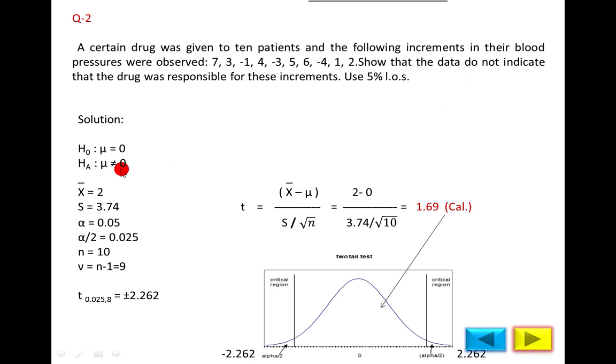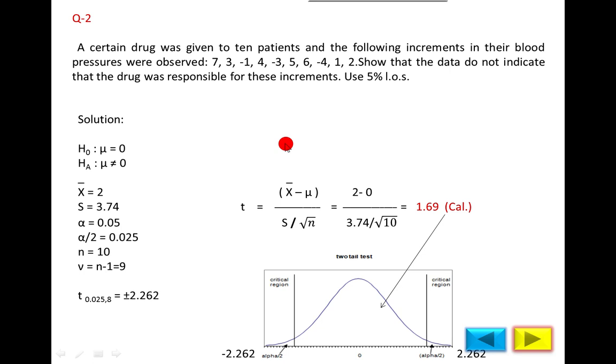The second criterion is the statement that the data do not indicate the drug was responsible for these increments. This also indicates that suppose before the drug, before treatment, the value is the same as after treatment.